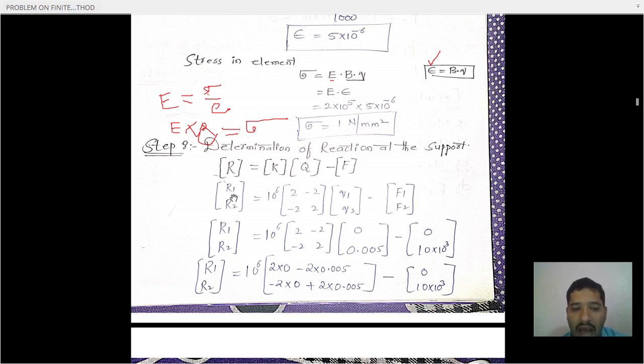R is R1 R2: R1 acts at node 1 and R2 acts at node 2. R1 R2 equals the global stiffness matrix, 10 power of 6 times 2 minus 2, minus 2 2, into nodal displacement Q1 Q2, minus the nodal force vector F1 F2.